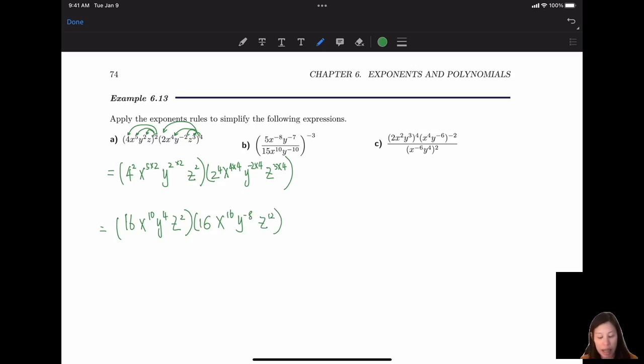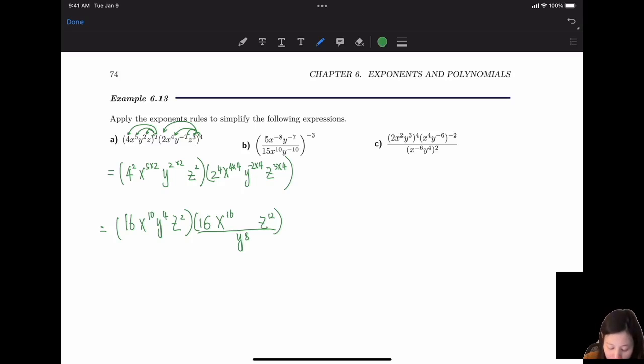Okay, when you see negative 8, what do you think? Negative 8 means you need to put these down. We want to get a positive number. So this has become the denominator of a fraction. So this is going to be y to the 8th.